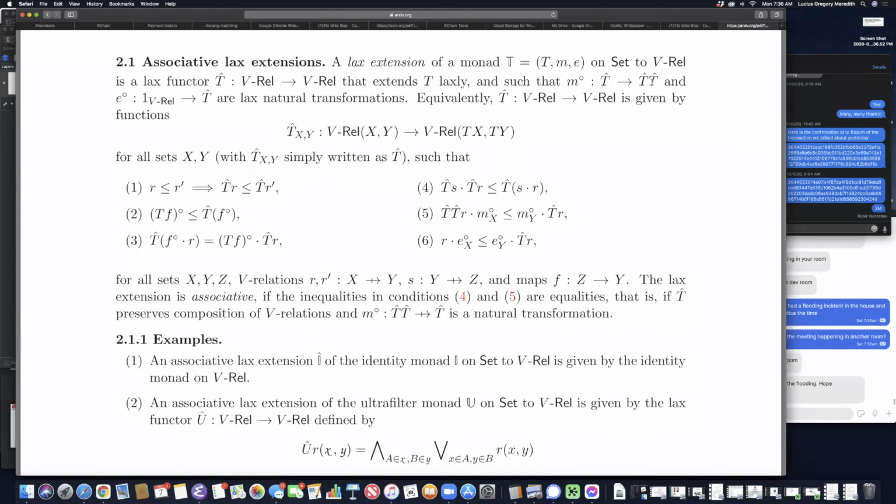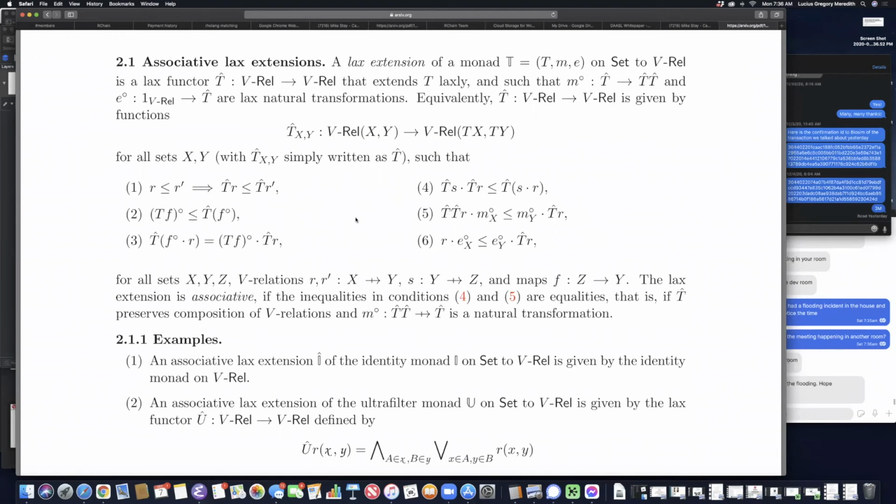It's certainly intriguing. And then you have to have some coherence in terms of how T, our monad, relates to the relations. So here are a bunch of coherence equations. I'm not going to go through them here, but you can look at the paper yourself.